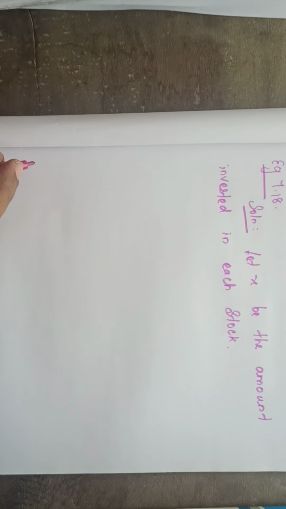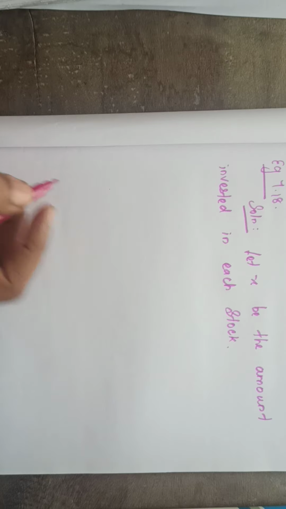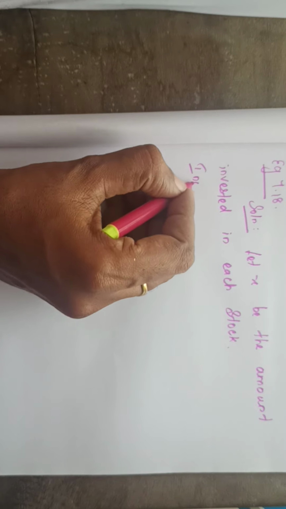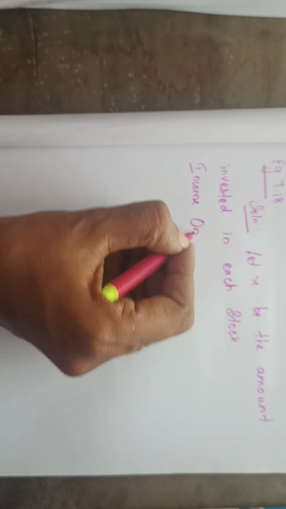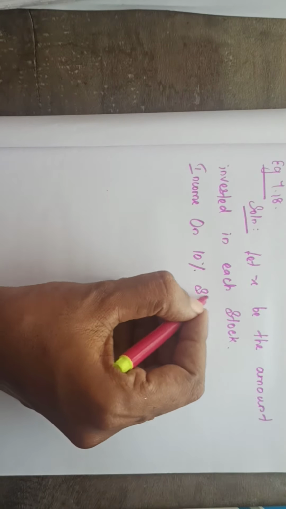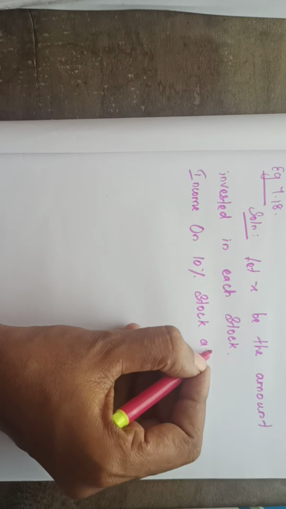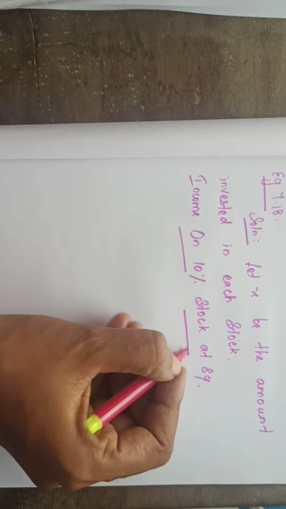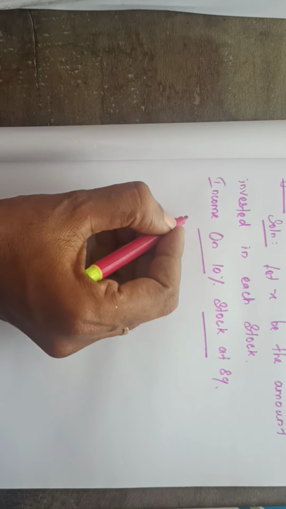Okay, so first we are going to find income on 10% stock at rupees 89. So first heading is income on 10% stock at 89. How will we find face value?